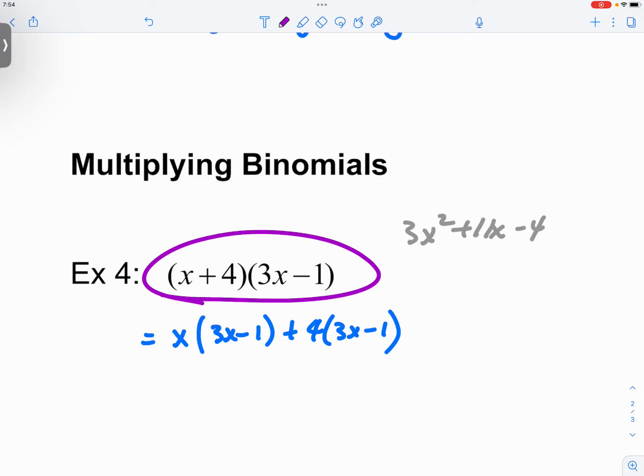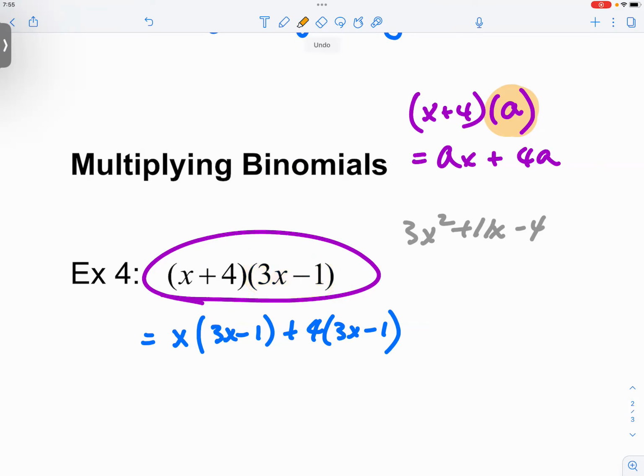Like, let me ask you this. What would you do if it's just x plus 4 times a? Would you be okay if I write down ax plus 4a? Would you be okay? Yeah? And if you're okay with this, which I believe most people should be, and then I highlight the a and I highlight the 3x minus 1, they are the same.